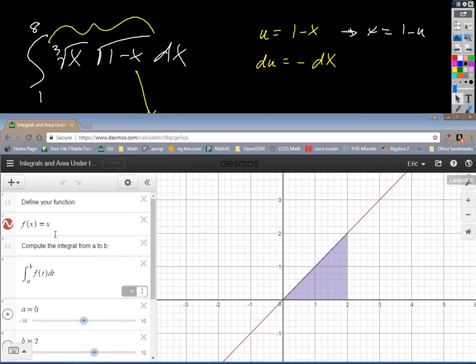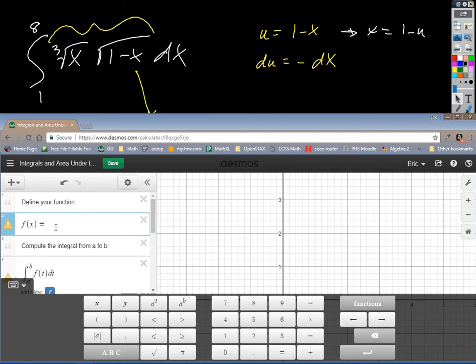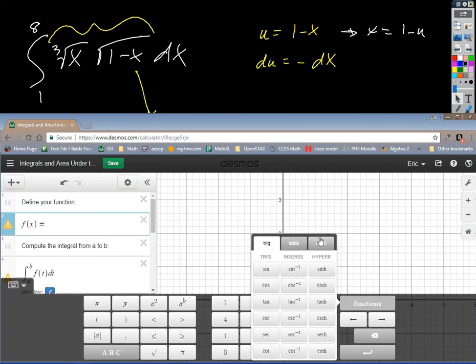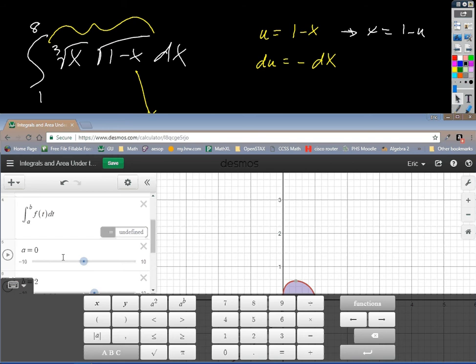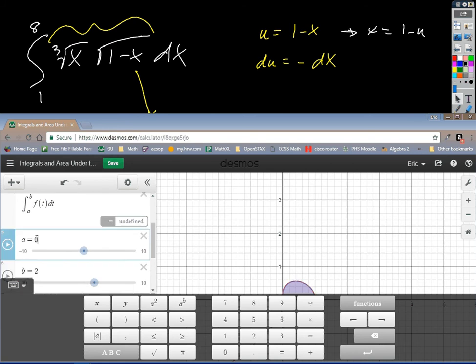So the function that we're looking for an area under is going to be cube root. So how in the heck do I do that? I go down here, functions, miscellaneous, right there. So cube root of x times square root of 1 minus x. And we're going to add this up from 1 to 8.